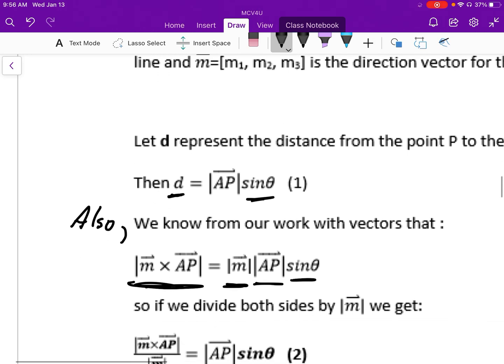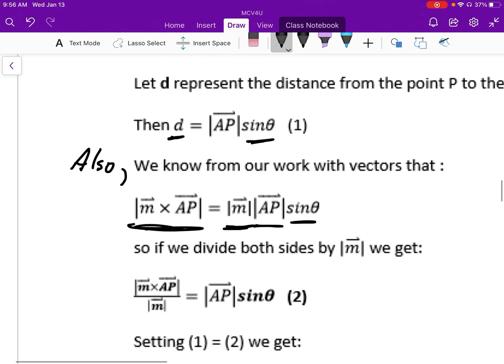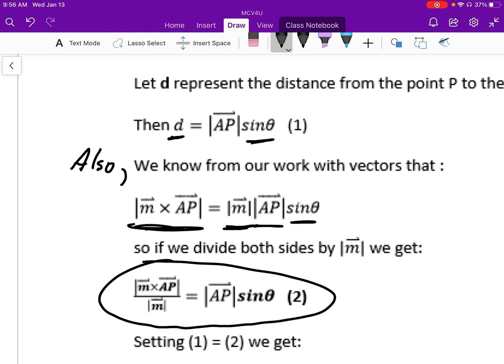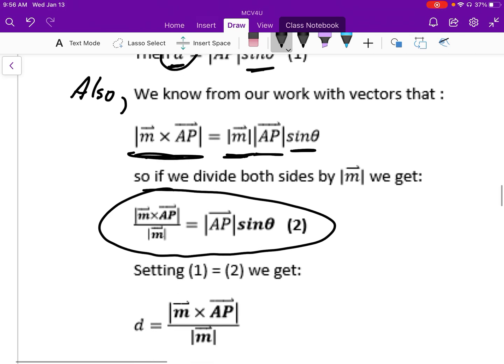So if we simply divide both sides by the magnitude of M, the magnitude of the direction vector, we get this expression. Notice that the magnitude of AP times sine theta is the distance that we're looking for. So the distance from a point in 3 space to a line is this equation right here. We use the magnitude of the cross product divided by the magnitude of the direction vector.